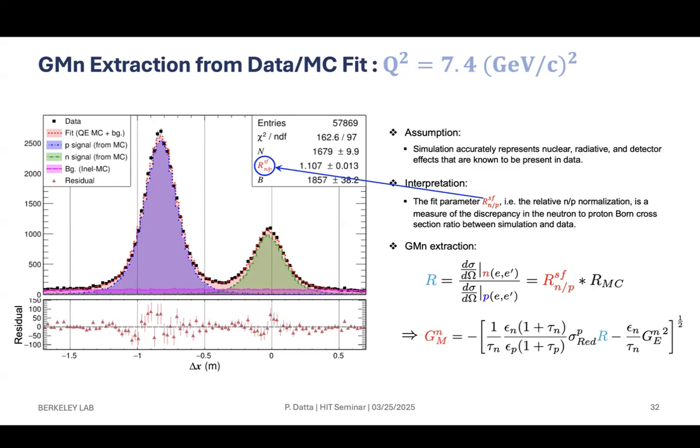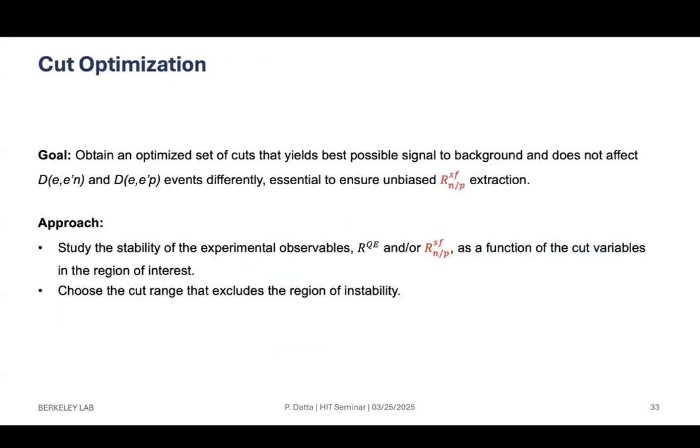So yeah, thank you. Great question. So what I was mentioning is that our RNPSF extraction is sensitive to the cuts we choose. We need to optimize our cuts so that we have the best possible signal to background, and also our cuts do not affect the neutron and proton events differently, because if that happens, then we have a biased RNPSF extraction.